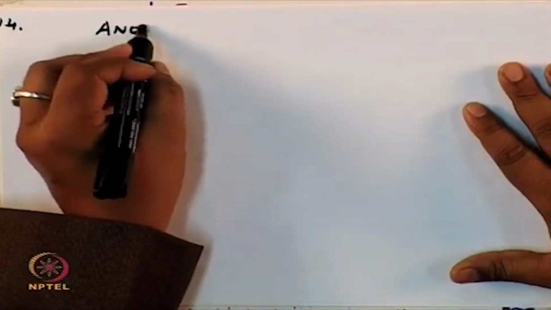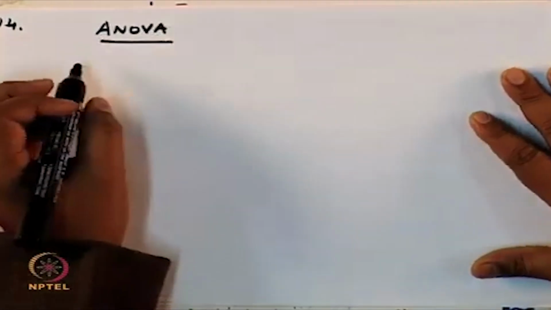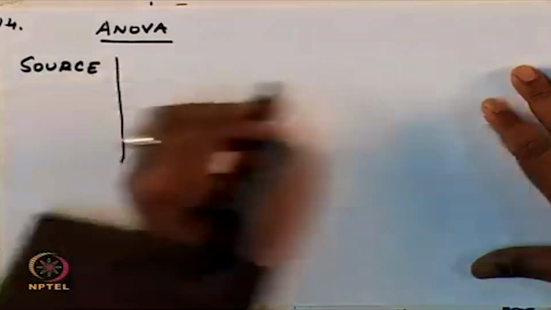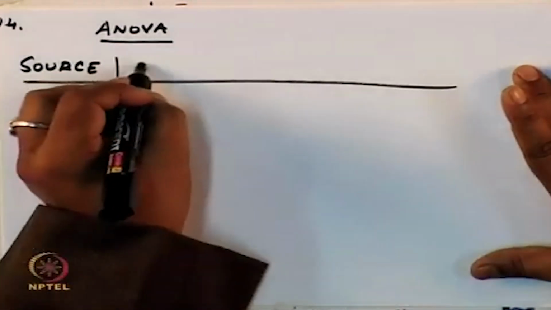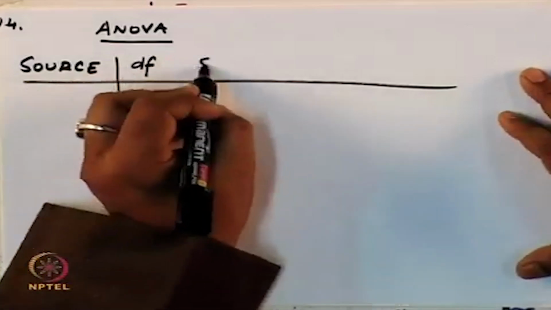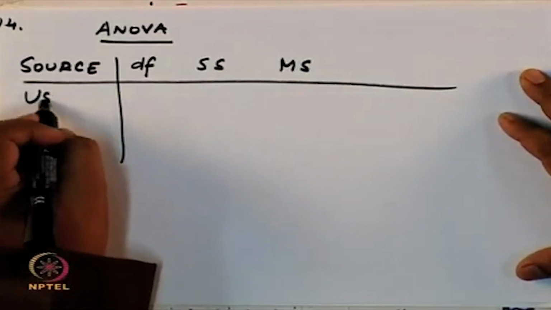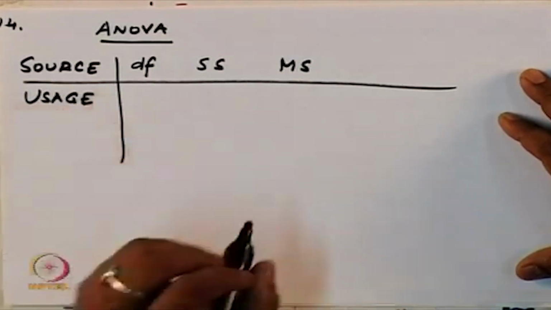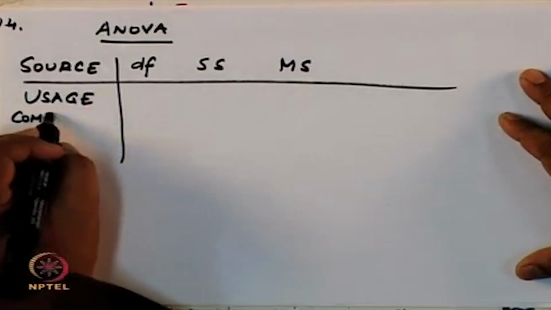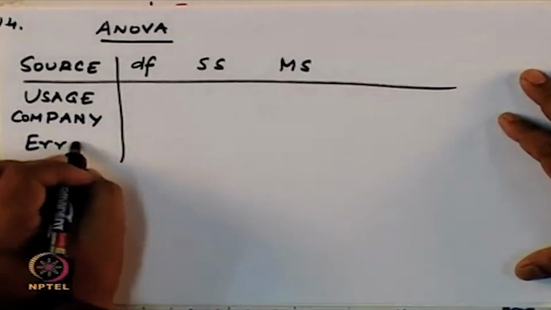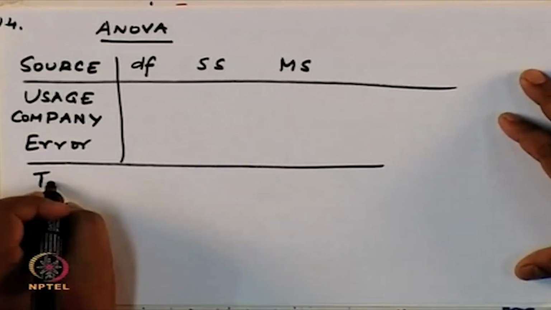Okay. Your ANOVA table, your source: you have two treatments now, usage and company. Then you have error, and then the total.